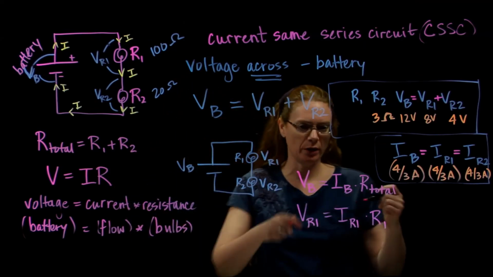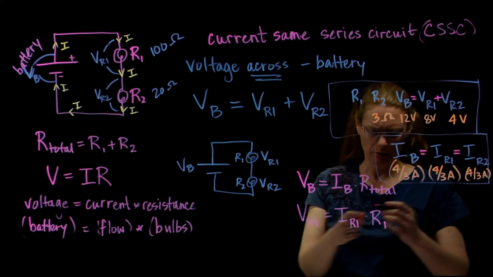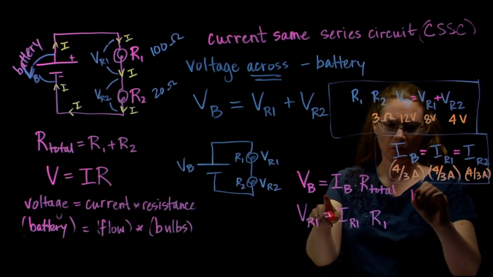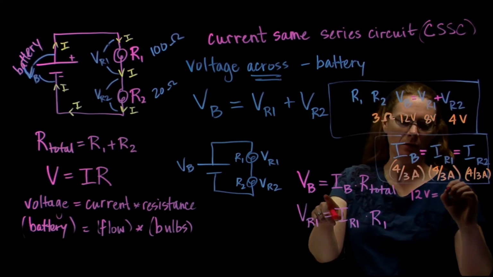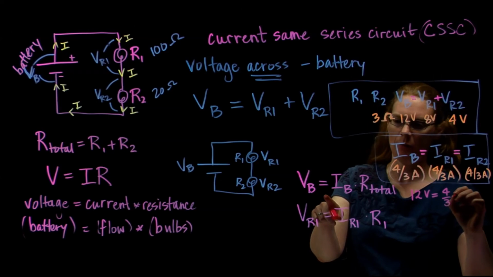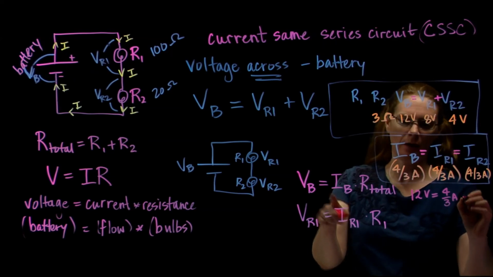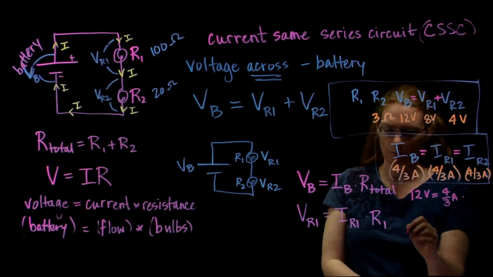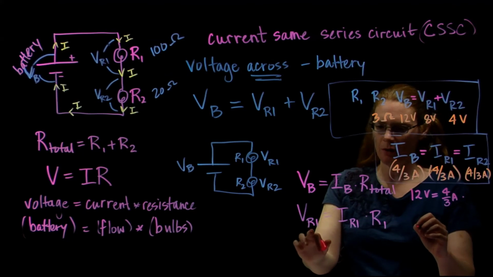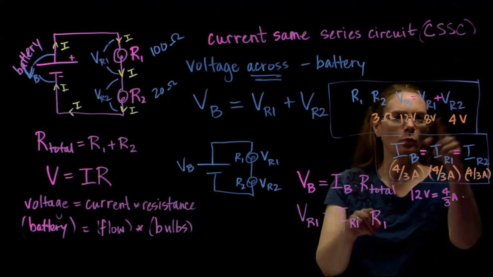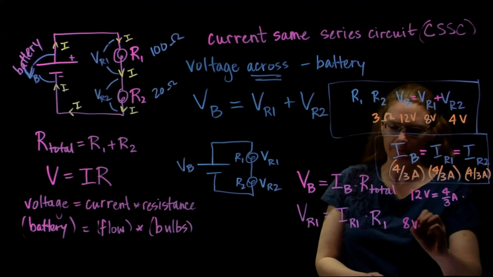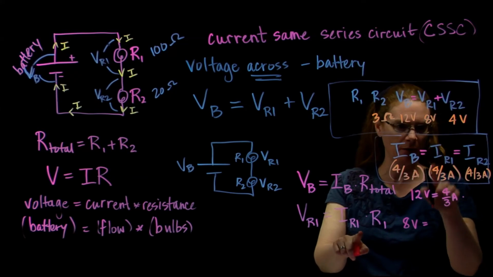Okay, so we could say that the voltage across the battery, 12 volts, equals the current 4/3 of an amp times our total. All right, doesn't seem to help, does it? VR1, right there, 8 volts, equals IR1.